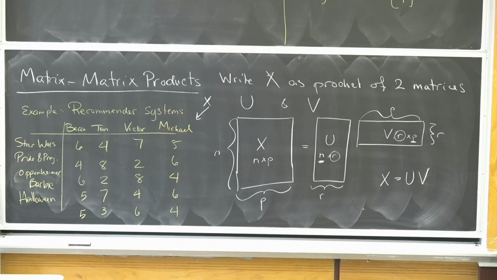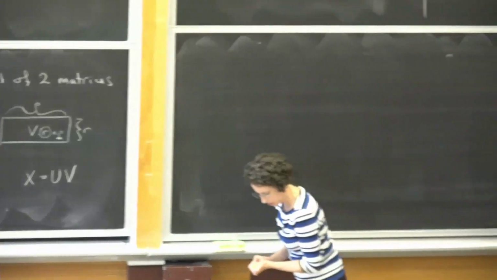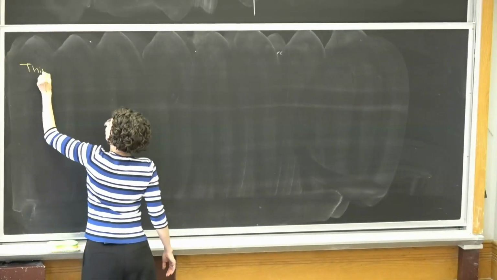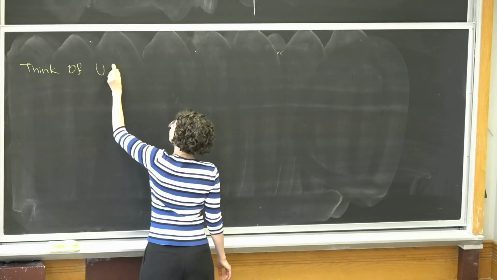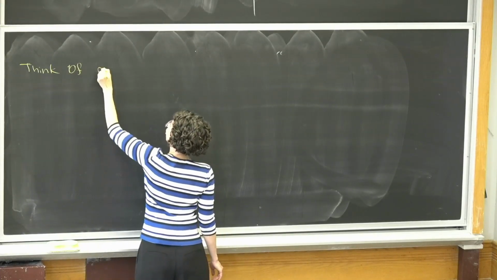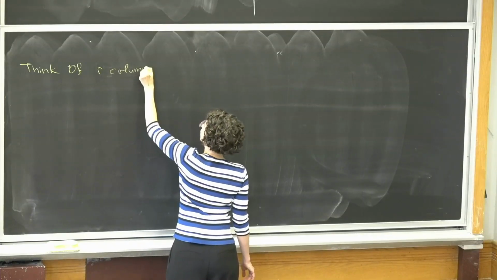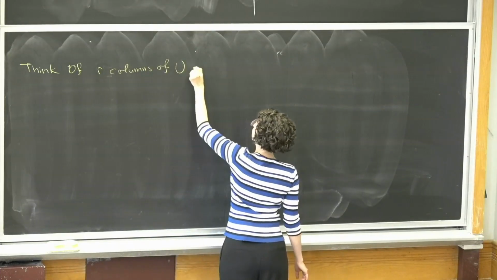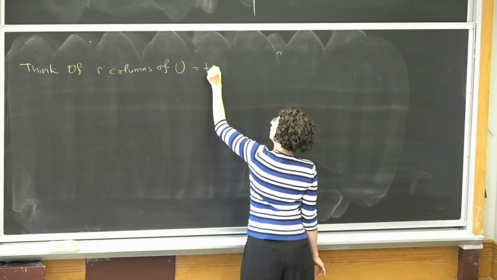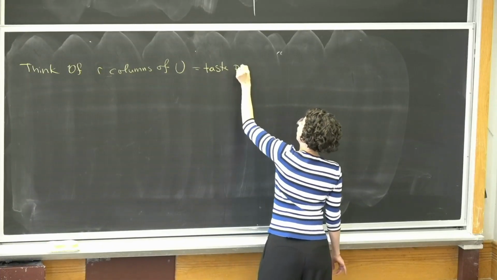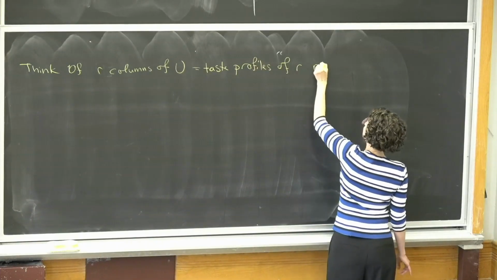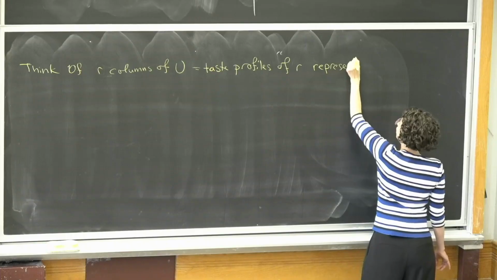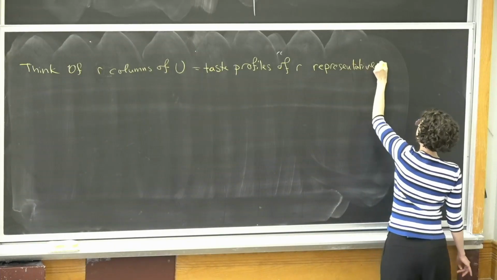Okay. So in the context of our example, we could think of, for instance, U, let's say the R columns of U being equal to the taste profiles of R representative movie watchers.